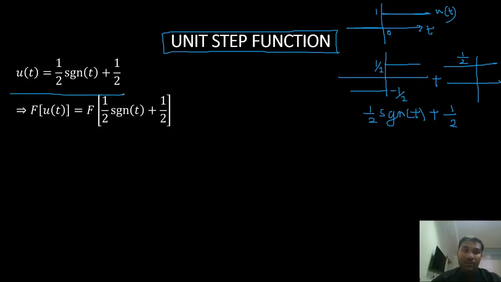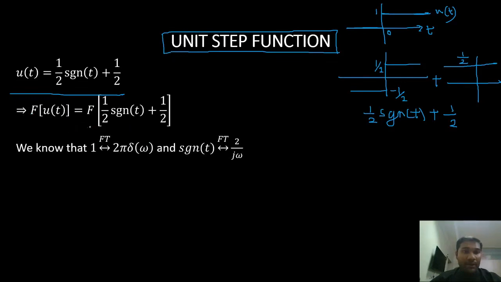Now let me take the Fourier transform on both sides, and by the linearity property, I can separate these two functions. So it is Fourier transform of, 1 by 2 is a constant, so I can take it outside, 1 by 2 Fourier transform of signum function of t plus 1 by 2 Fourier transform of 1.